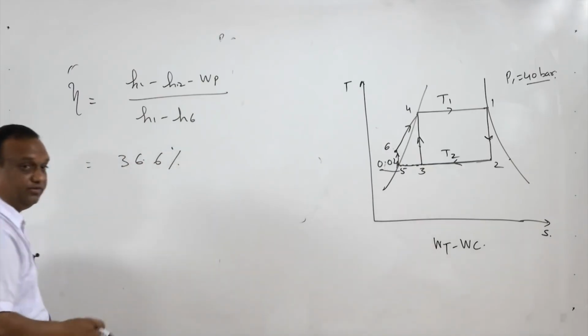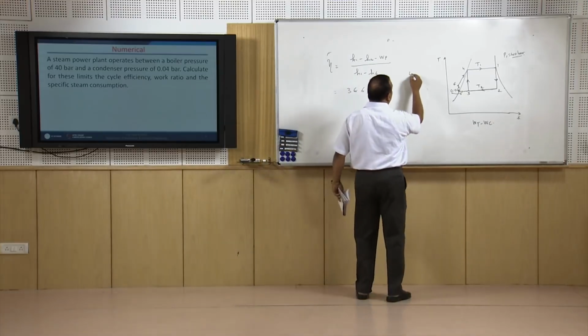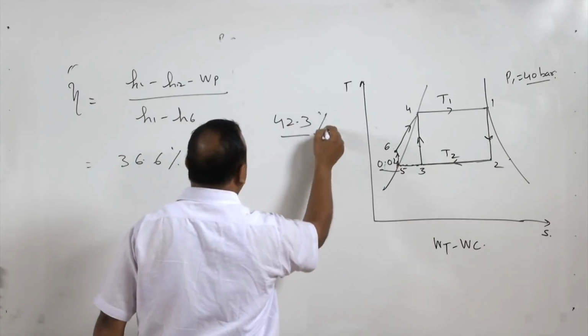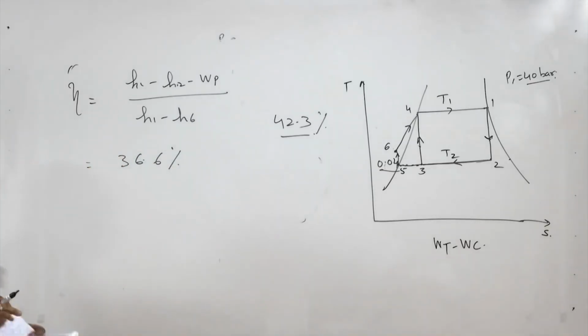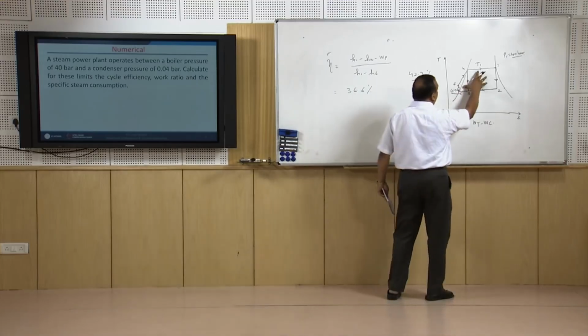So, using this equation, the thermal efficiency of the Rankine cycle comes out to be 36.6%. It is less than the Carnot cycle. In Carnot cycle, we were getting 42.3%. Here we are getting only 36.6%, but at the same time you can see we are getting more output.